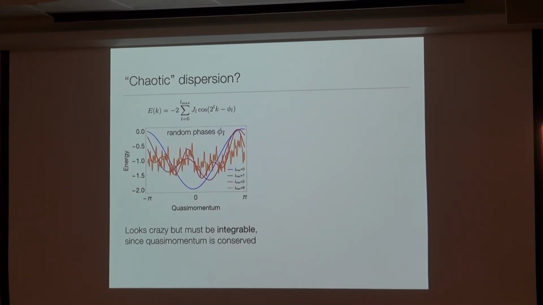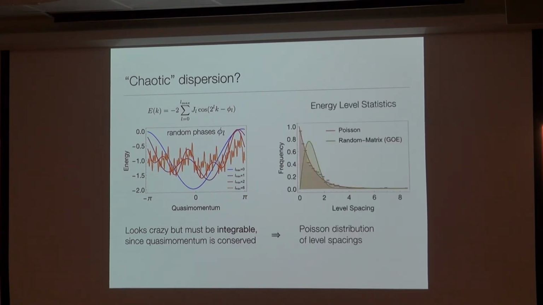OK. So that looks kind of crazy. And you might ask, is this something one can use to study many-body chaos? Well, the answer is, in principle, this is actually still an integrable model. One way to see that is knowing that there's a conserved quantity, which is the quasi-momentum.